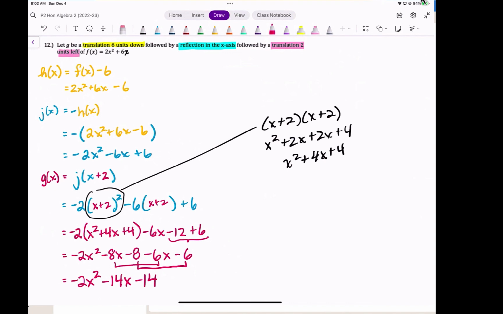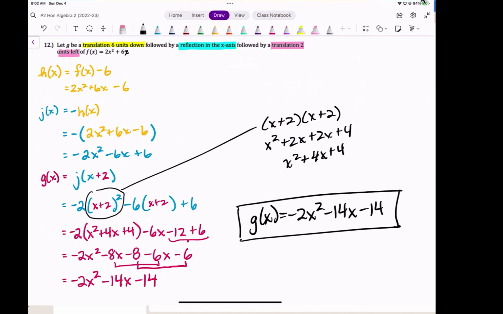So, as a final answer to this problem, g of x is negative 2x squared minus 14x, just copying from that last line, minus 14. And that is what happens when you transform the function f of x given using a translation 6 units down, and then a reflection in the x-axis, and then a translation 2 units left.